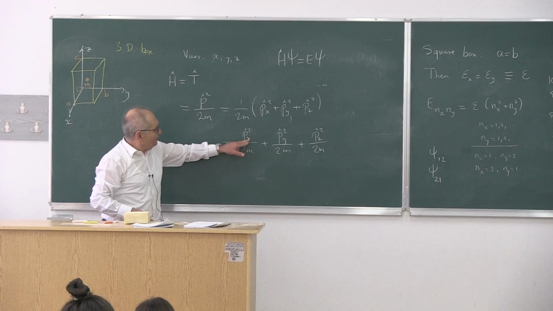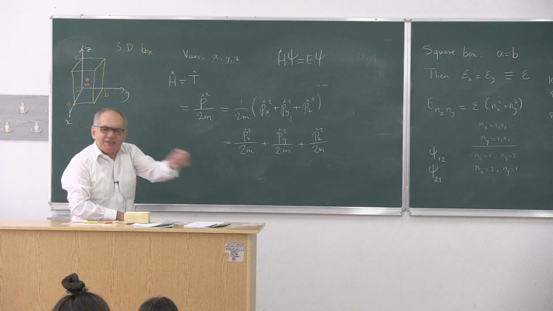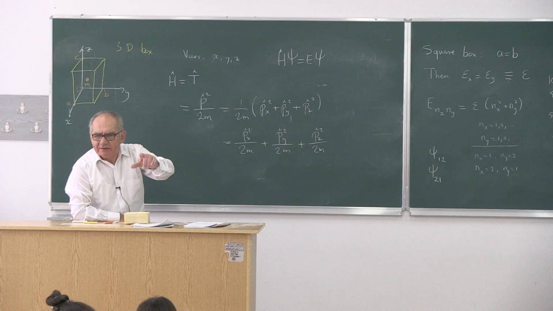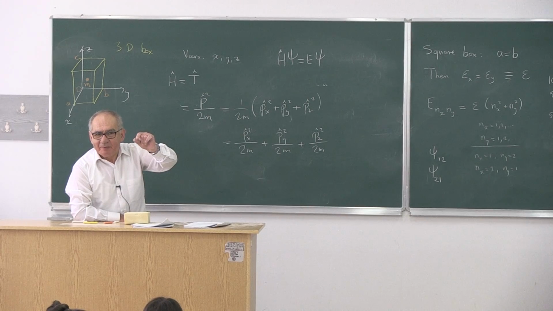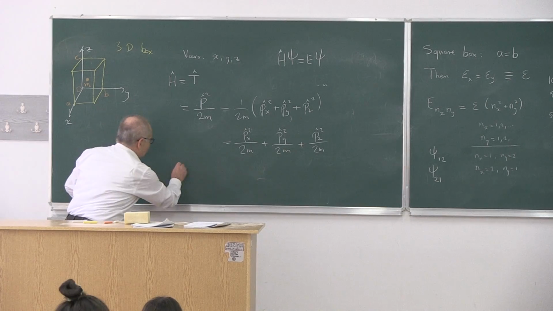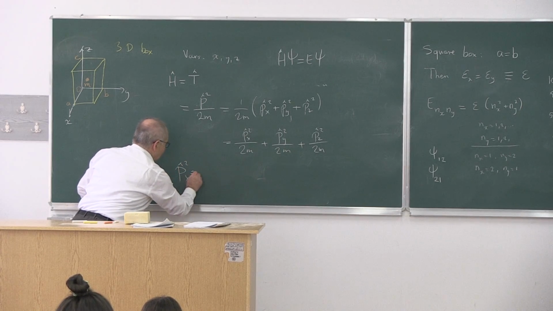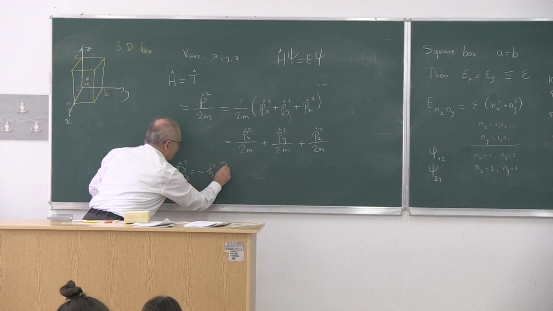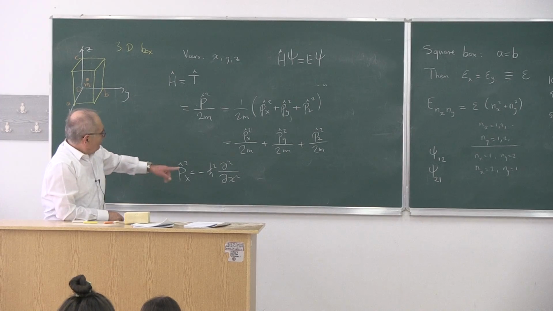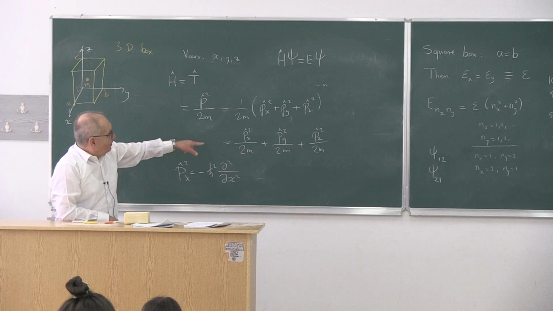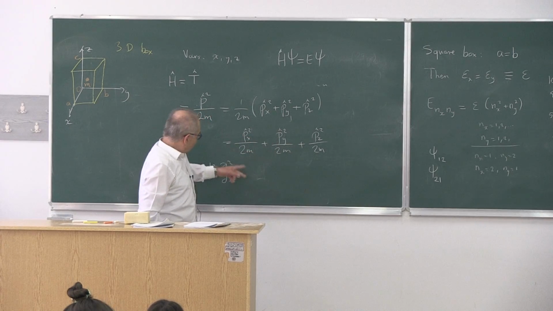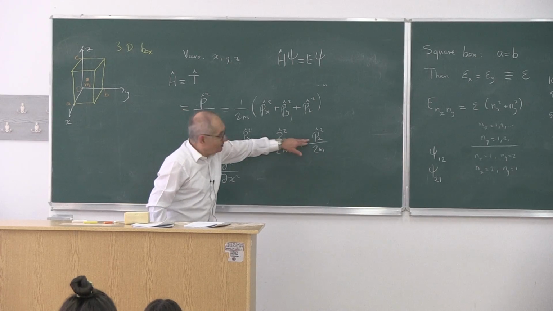What is the meaning of px squared? Explicit definition. It is minus h bar squared times the second derivative. The second derivative is with respect to x. What is the difference of this term from this one? The variable is different, isn't it? Similar for this one.